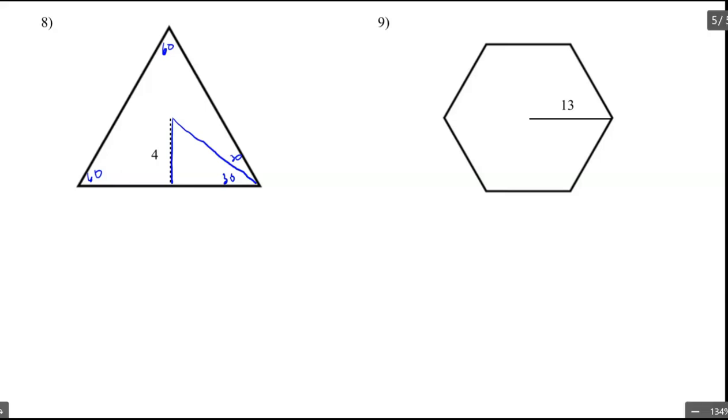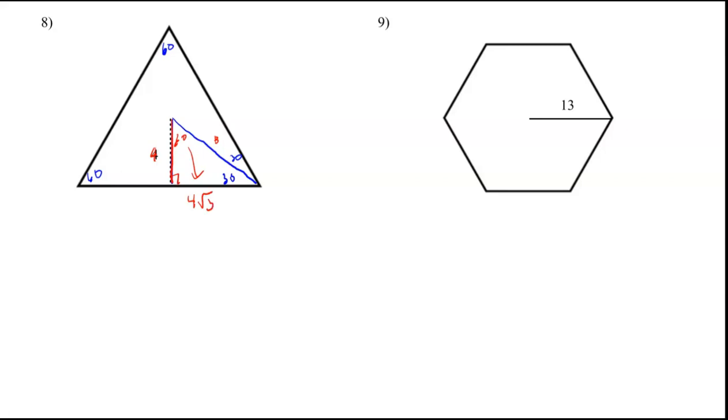So since this is 30, this is going to be the short leg. The hypotenuse would be double, but we don't really need that number. And then the side opposite the 60, this side, is going to be 4 radical 3.